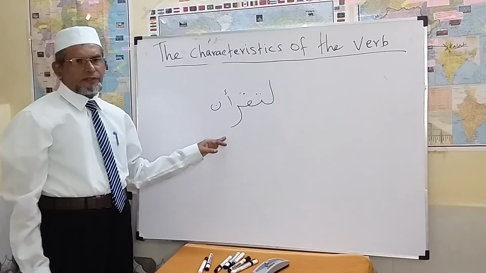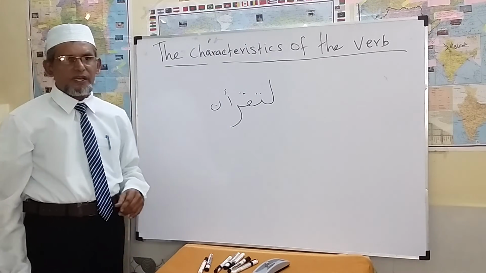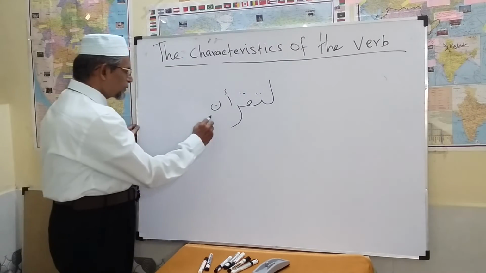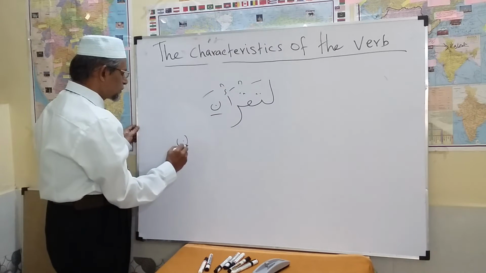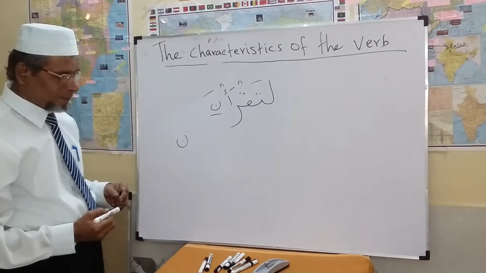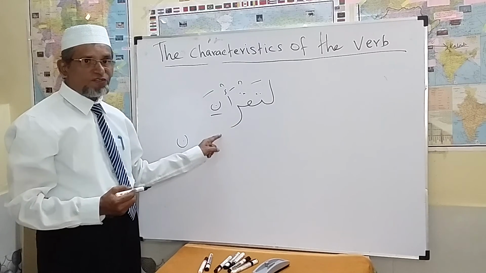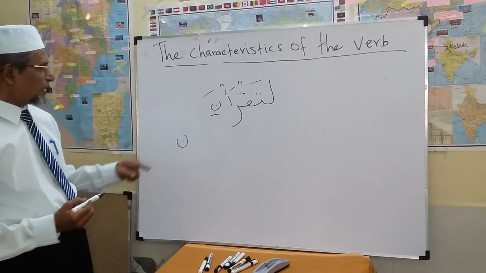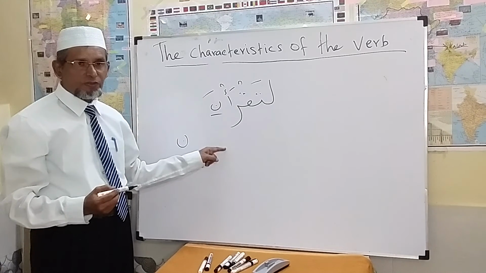The word taqra'na is also a verb, because it is suffixed with the noon of emphasis. The word la taqra'na is suffixed with the noon of emphasis, which is also one of the characteristic evidence of the verb.